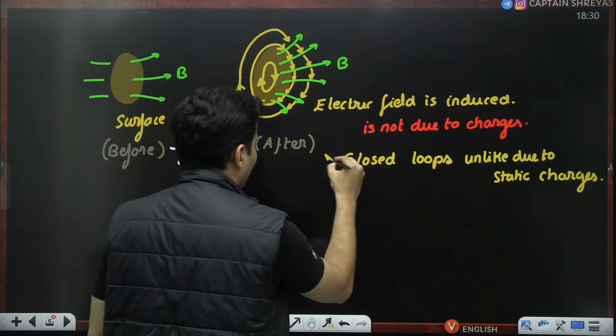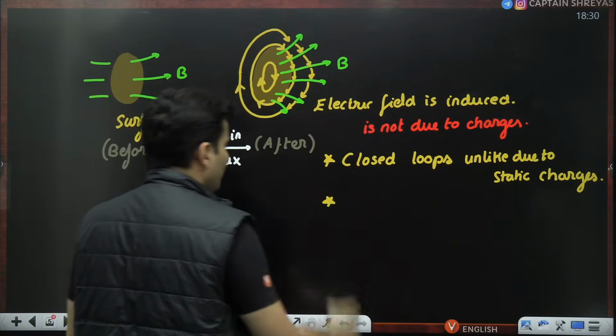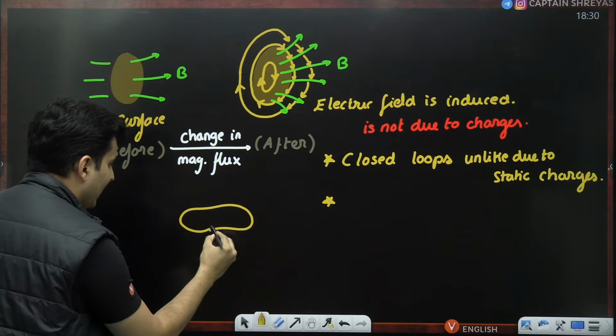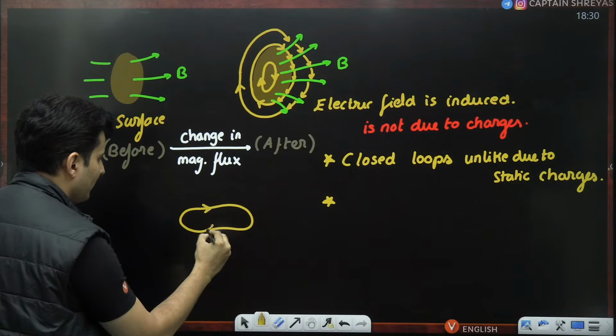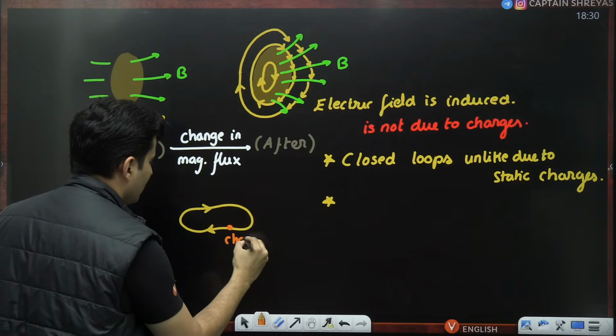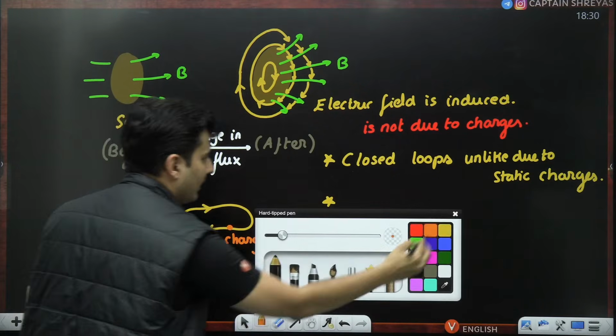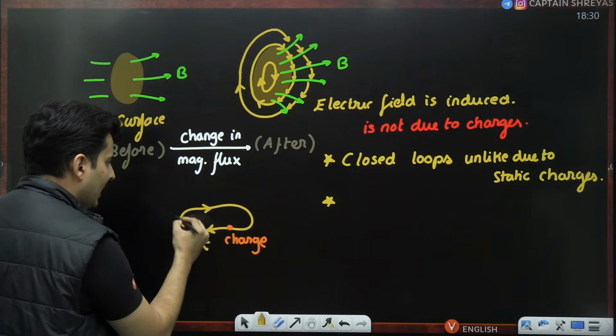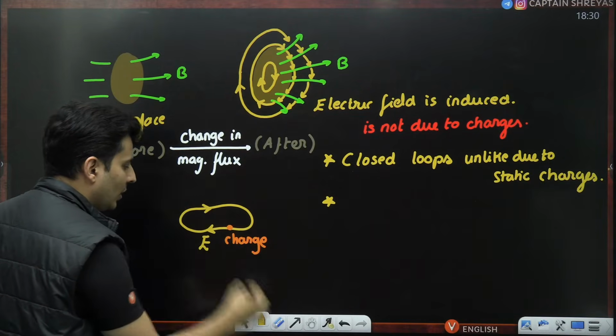And the best part, imagine you go around one such electric field which is a closed loop. You take a charge around that electric field line, along that closed path. Every time there will be work done, and the net work done will not be zero.